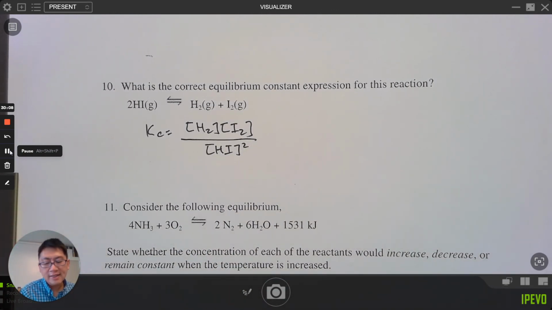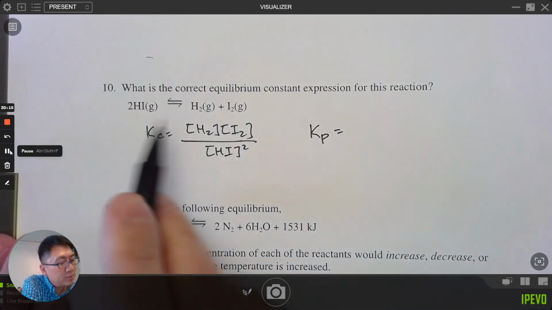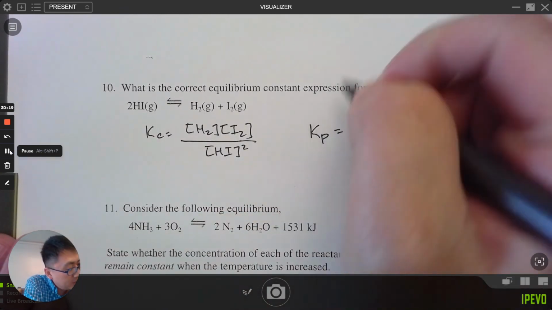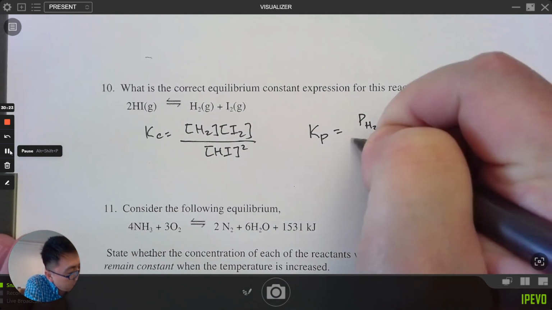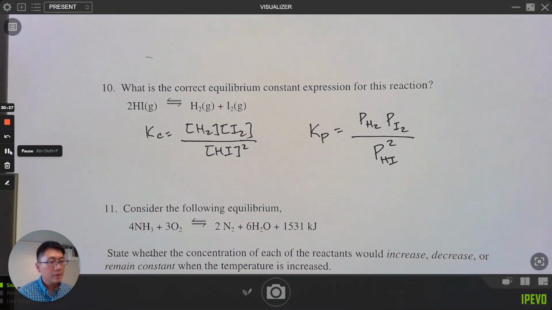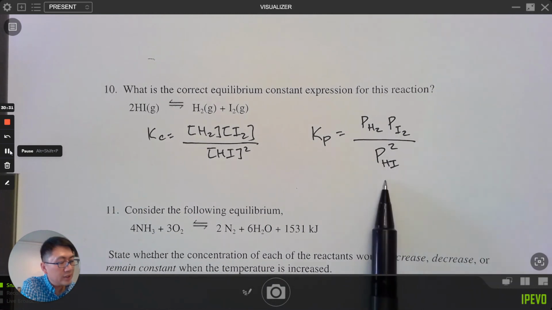As I said, there's technically 2, because that's Kc. There's also pressure. You apply that if they're all gases. That would be the pressure of the products over the pressure of the reactants. But either way, products over reactants.